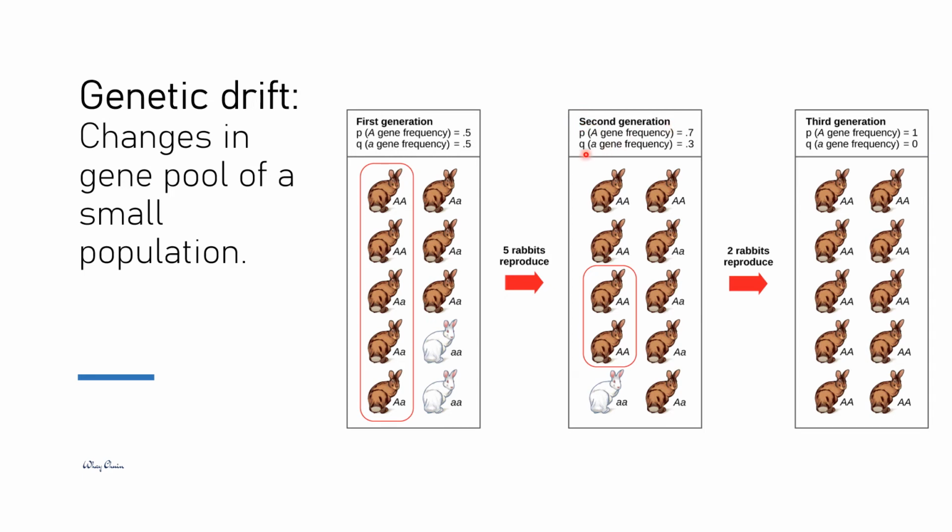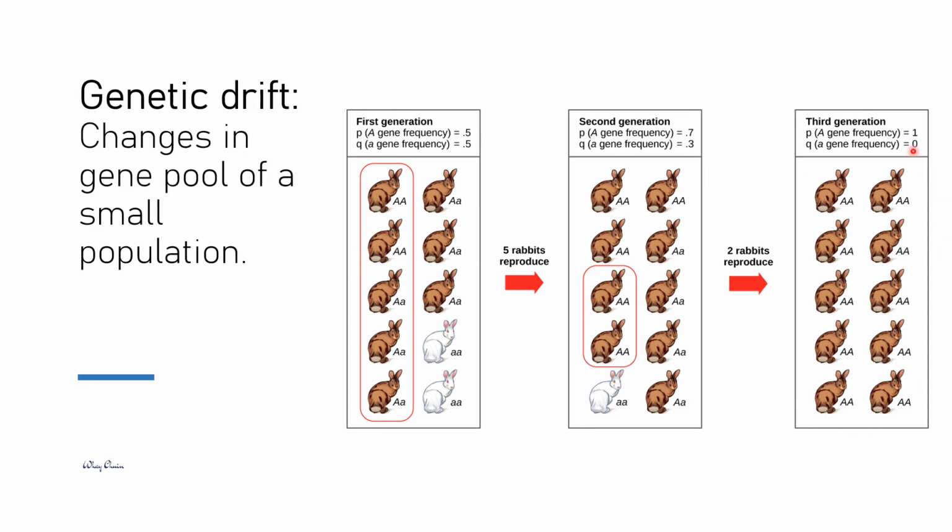However, the frequency of the recessive allele, represented by q, is 0.3. And there are 2 rabbits, both brown fur, that reproduce sexually and form the third generation.